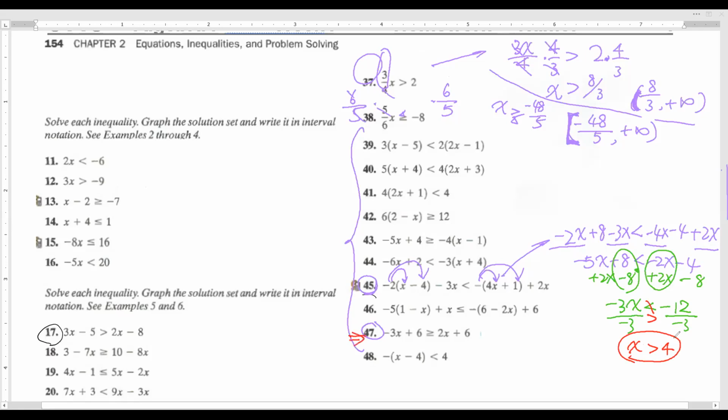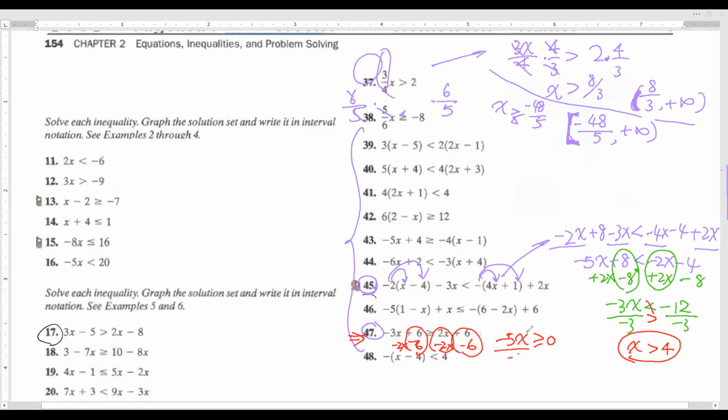Let's go back to this one before we take a break. This is the same: minus 2x, and 6 minus 6. So you can see what you got. Here became 0, here became 0. So it's negative 5x less than or equal to 0.